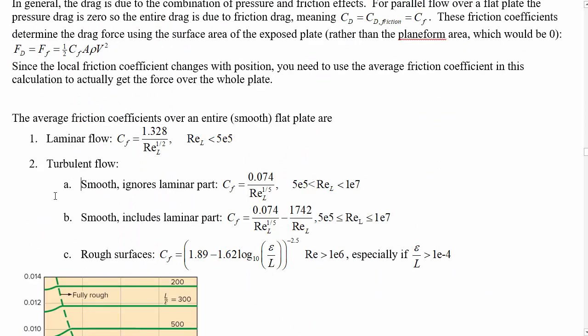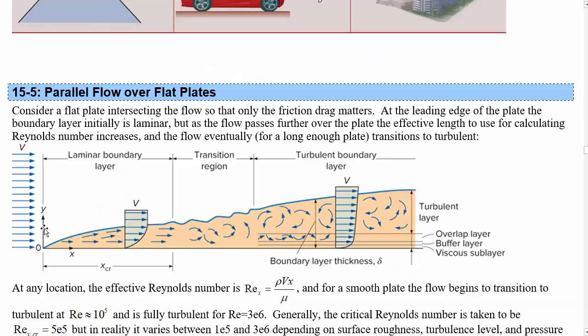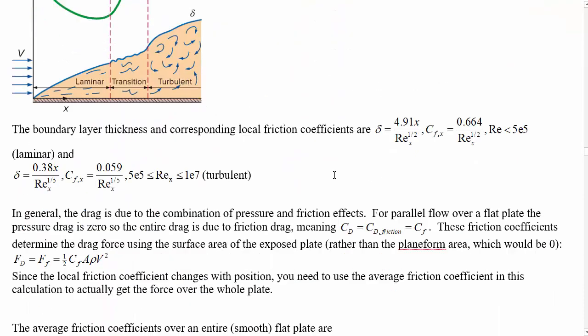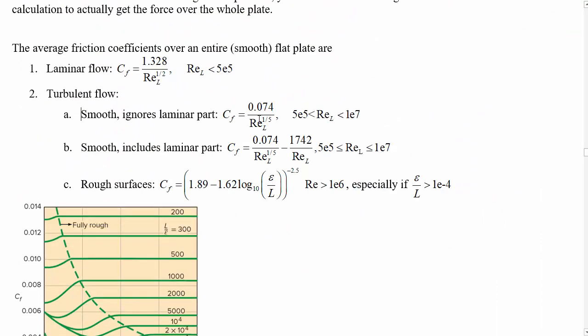So for the turbulent one, we can ignore the laminar part. If the plate is long enough, we'll say, the laminar was a small part of the region anyway, most of it's turbulent, so let's just calculate the turbulent drag. If it's a smooth surface, and you want to include the laminar part at the beginning, then you can have this correction factor subtracted from the previous one.